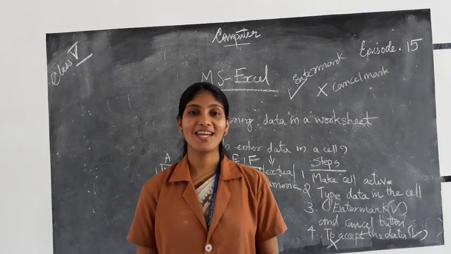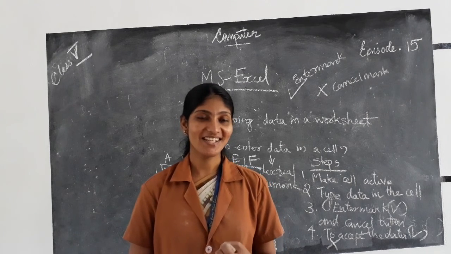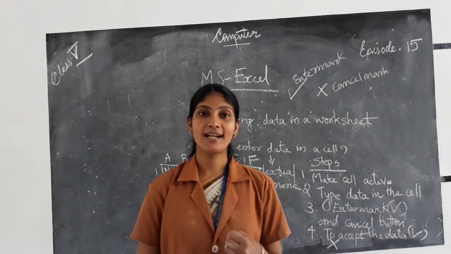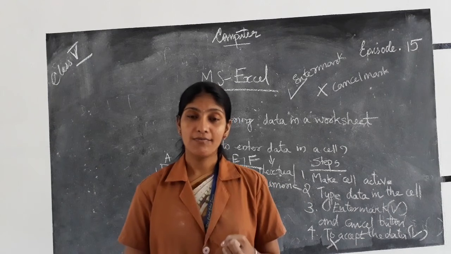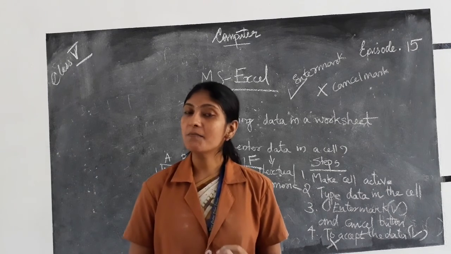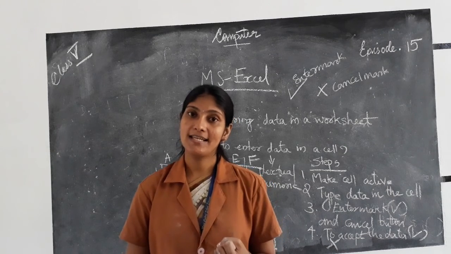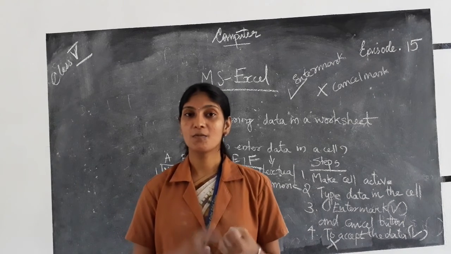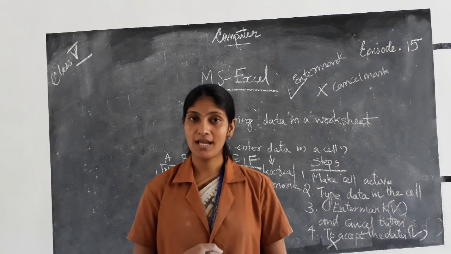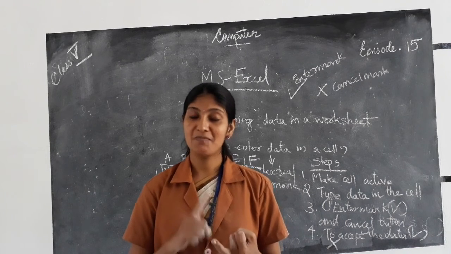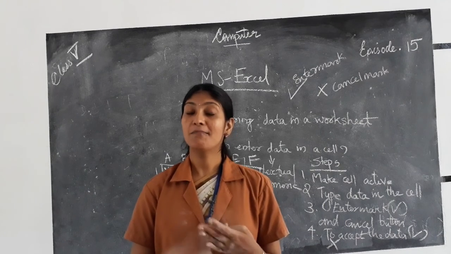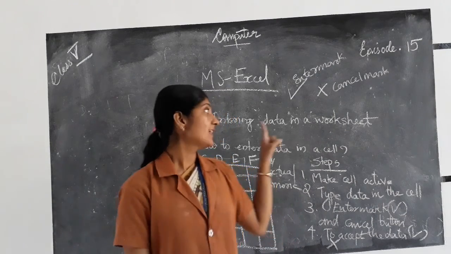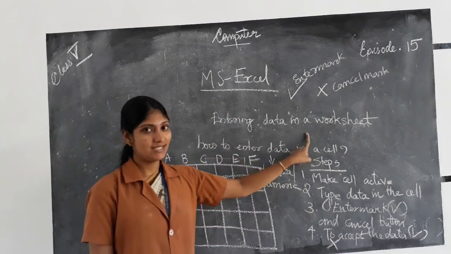Then we discussed various types of data: text data and numeric data. Text data means data containing letters, alphabets, numbers and combinations of alphabets, numbers and spaces. Numeric data starts from 0 to 9 and also includes plus, minus, modulus, percentage, open bracket, close bracket, etc.